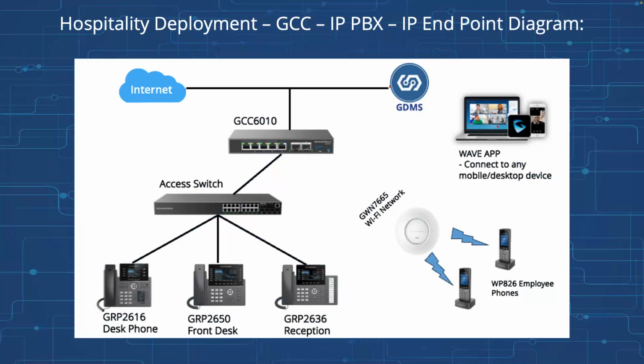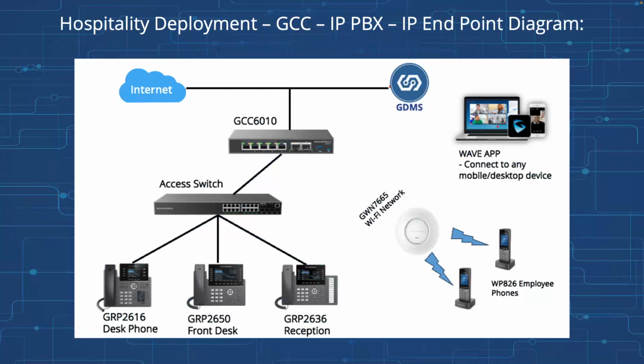So again, we've got the GCC device deployed to the core and being managed by GDMS, and then we have connected our access layer switch to the Ethernet ports on the GCC device. And we're utilizing that for different phones like your reception phone, your front desk, or any desk phone for your offices. They can be connected directly to that access switch.